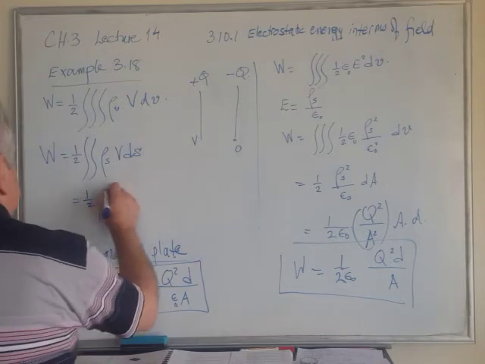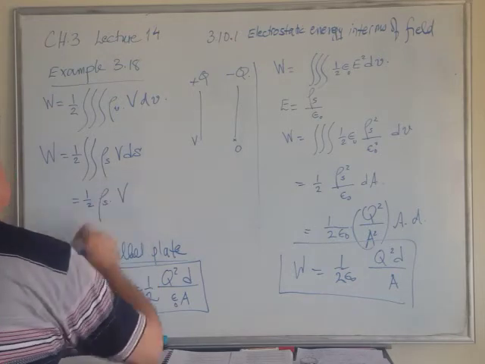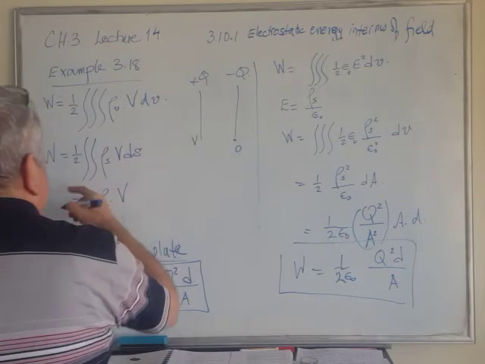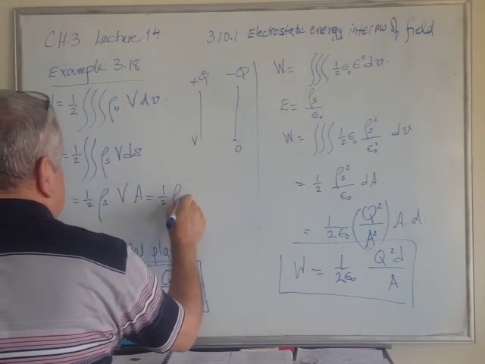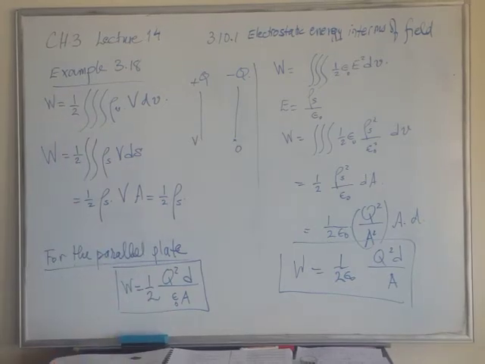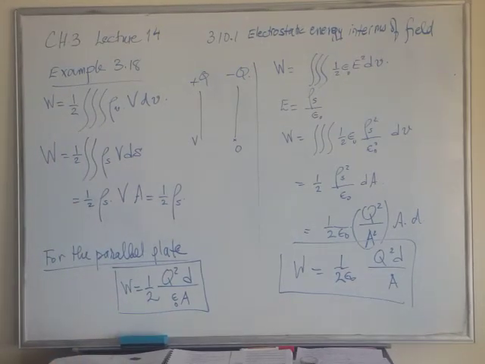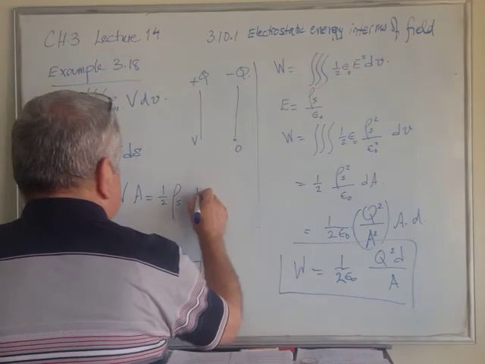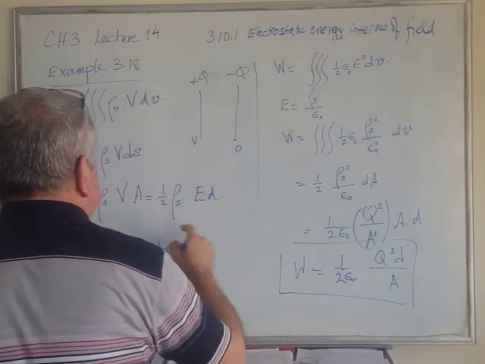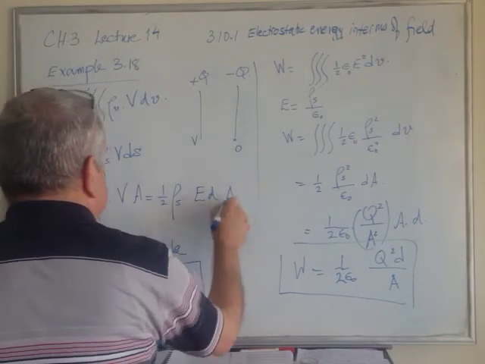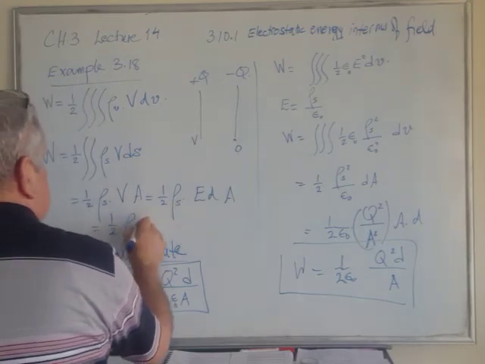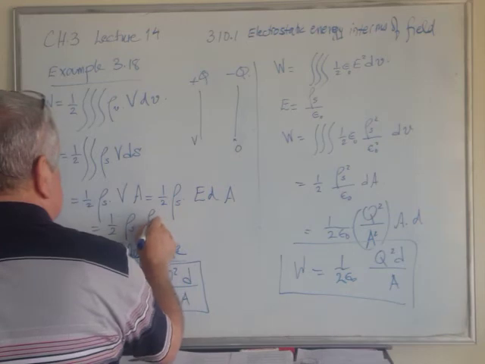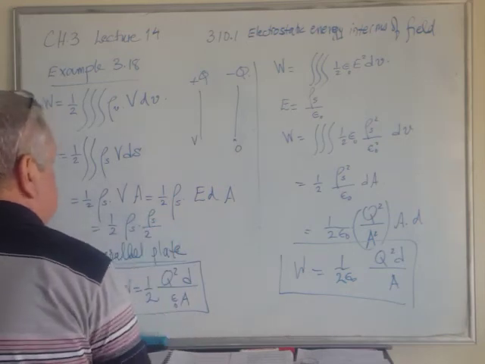So that will be rho s times V times double integral of dS, which is A. So this is half rho s times V A. Now V, what is V in terms of E? It is the field E times the separation D.